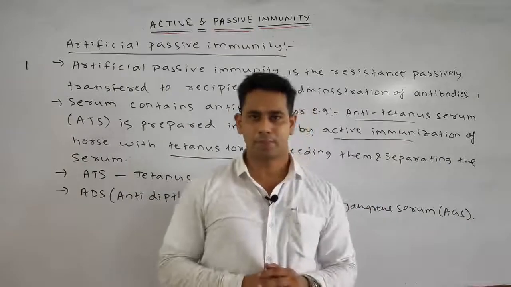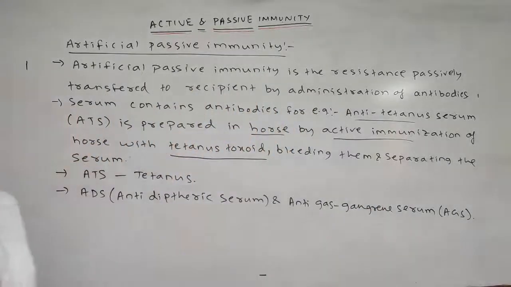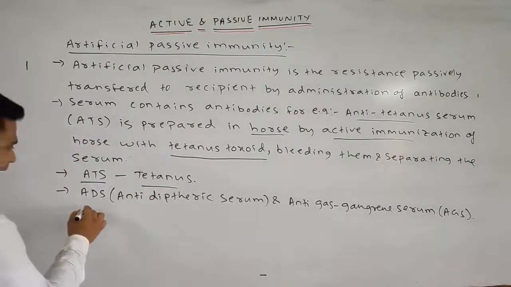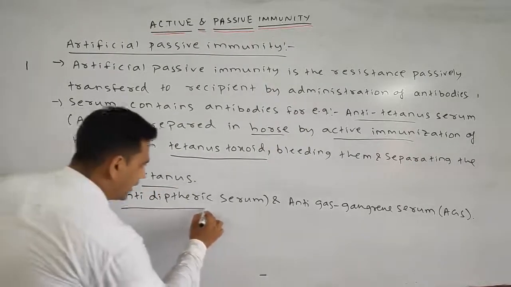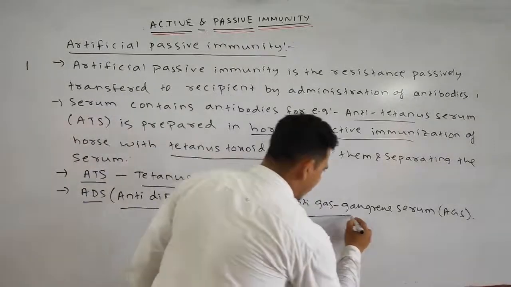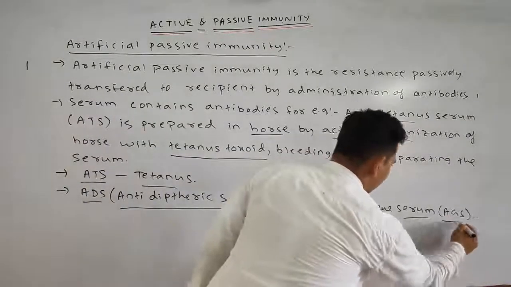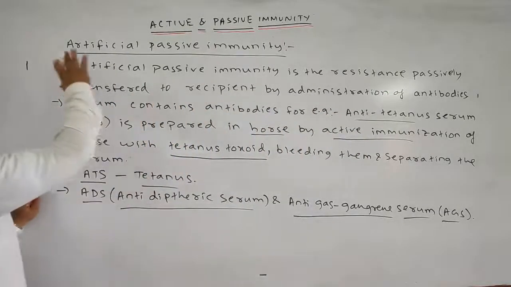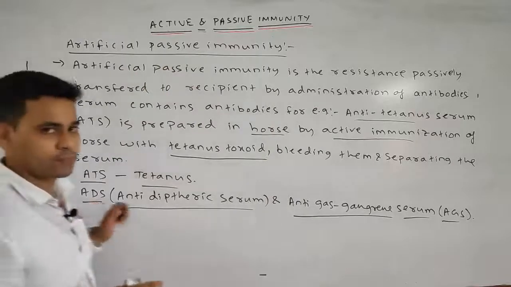Common examples are anti-tetanus serum for tetanus, ADS meaning anti-diphtheric serum, and another example, anti-gas gangrene serum, or AGS. These are common examples of antibodies under artificial passive immunity.